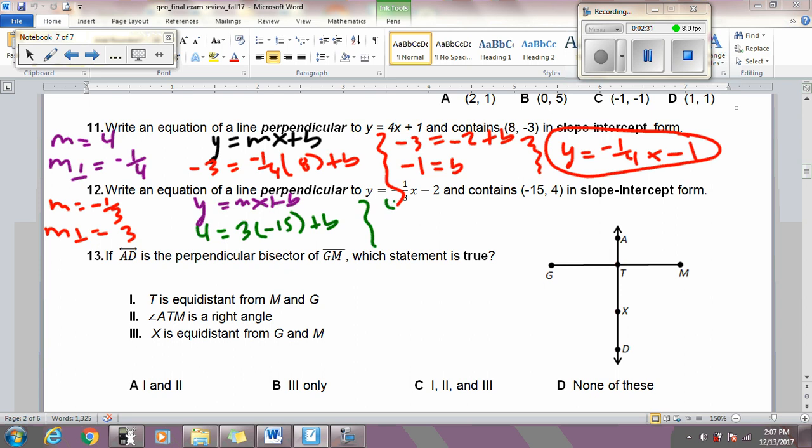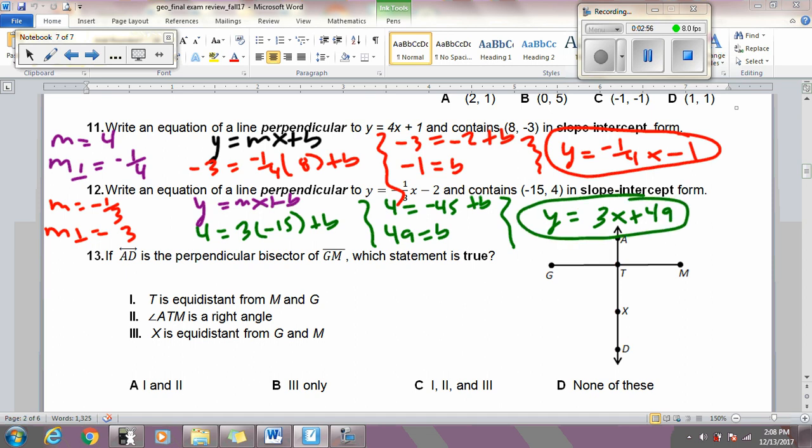Alright, so I will have 4 is equal to 3 times negative 15, which is negative 45. And then I would add 45 to both sides, and I would get 49 is equal to b. So y is equal to 3x plus 49 is the final equation.